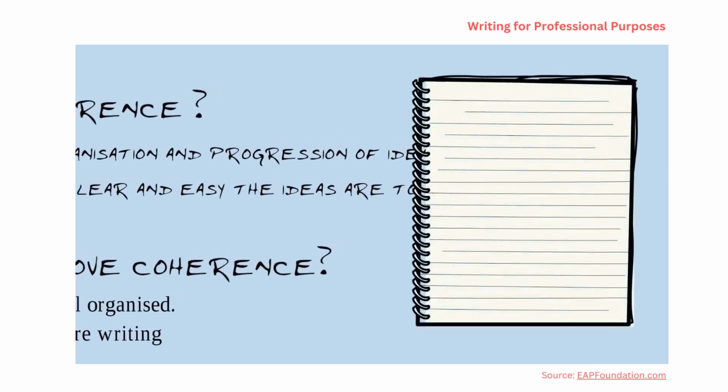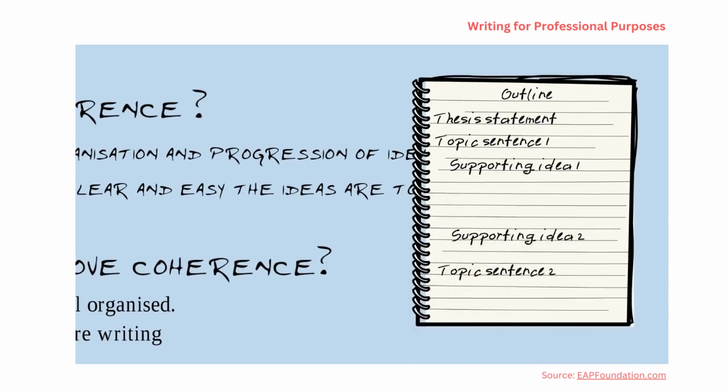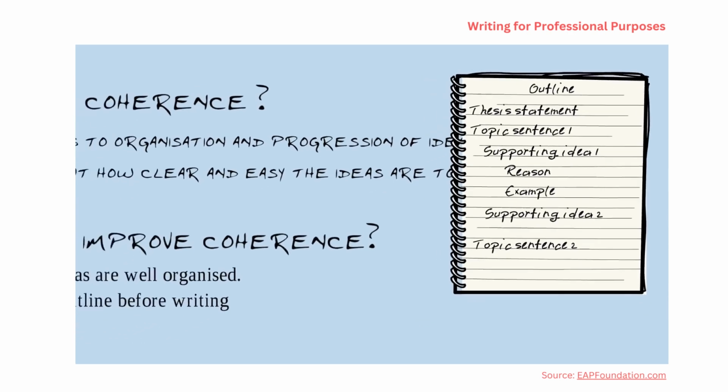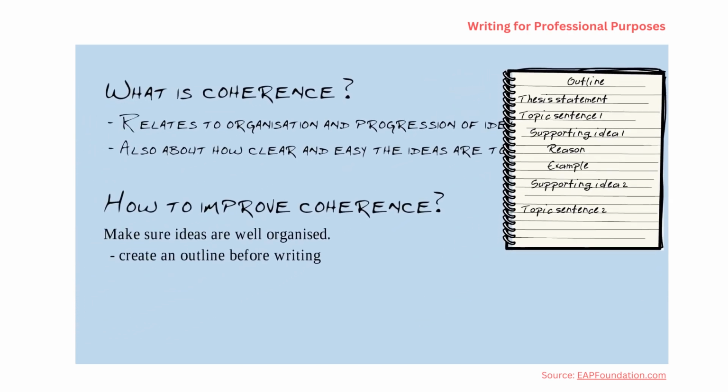So an outline will normally include the thesis statement, topic sentences, supporting ideas, supporting details, reasons, examples, facts, statistics, and so on. Many students don't like to use an outline, especially for short, timed writing. But even if you just spend 1 or 2 minutes organizing your ideas, the end product can be much more coherent. So an outline is used before writing.